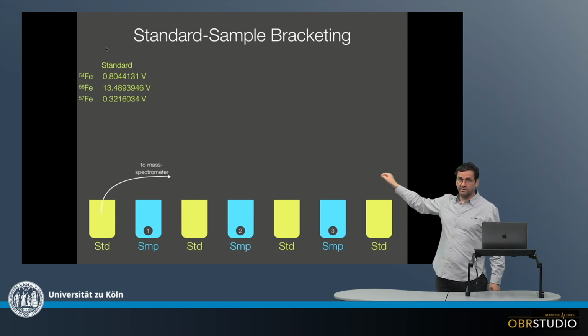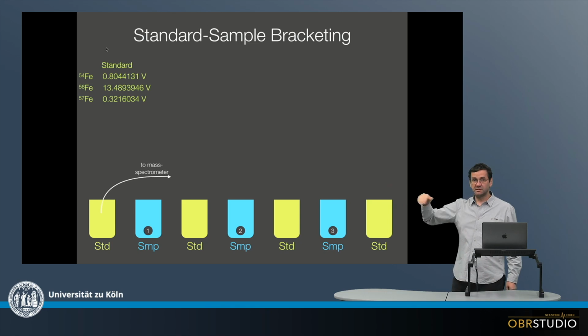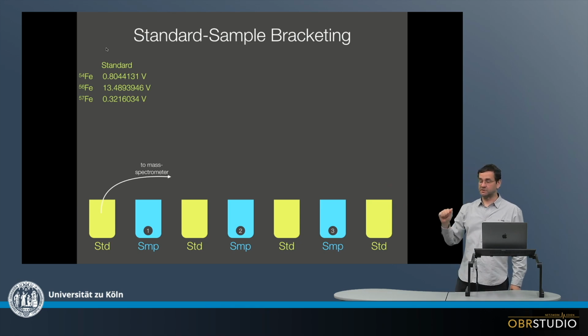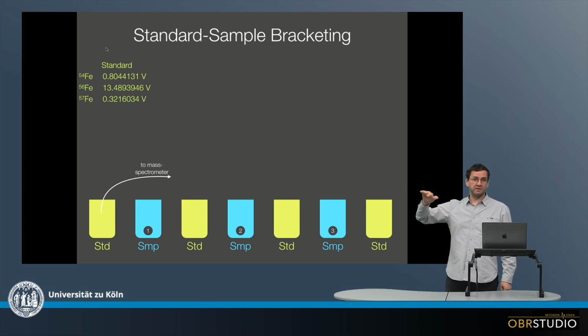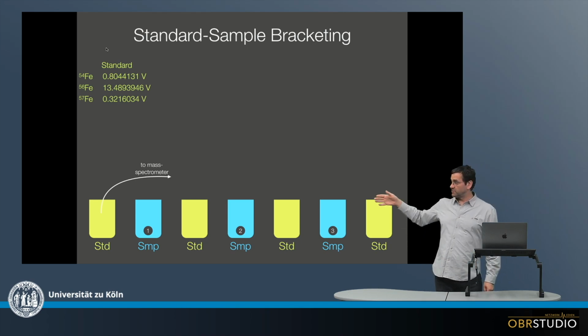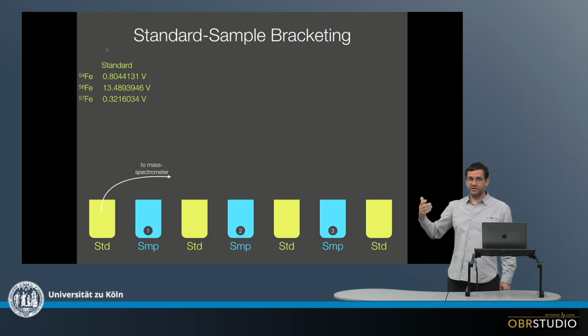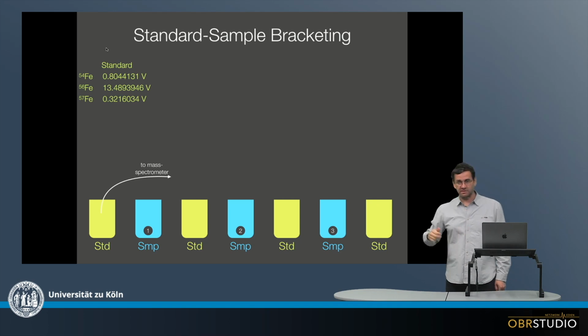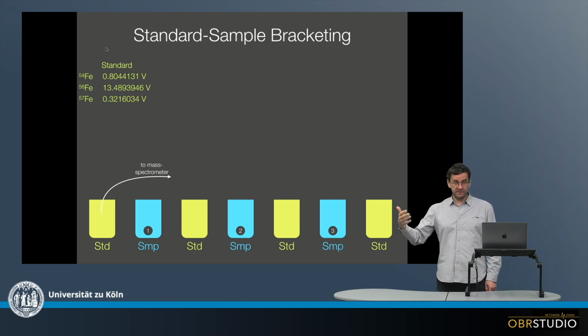Now there's this white nozzle going into the first beaker, sucking solution out of this first standard and into the mass spectrometer. In the example of iron isotopes, there are 3 iron isotopes that I measure: iron 54, iron 56, and iron 57.